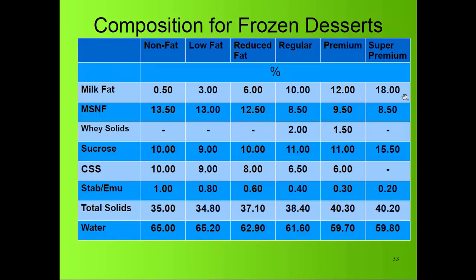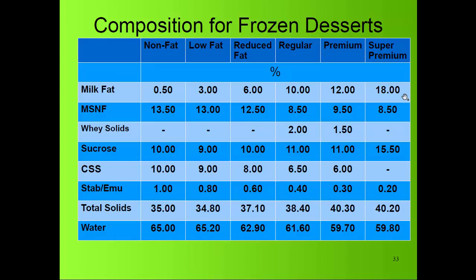If we look at sucrose, sucrose is sugar. And if we look at corn syrup solids, that's also a sweetener. If we look at non-fat, there could be 10% sugar and 10% corn syrup solids. Now, I've talked to many food scientists and chemists, and they don't think that people can really tell the difference between the sucrose and the corn syrup solids.